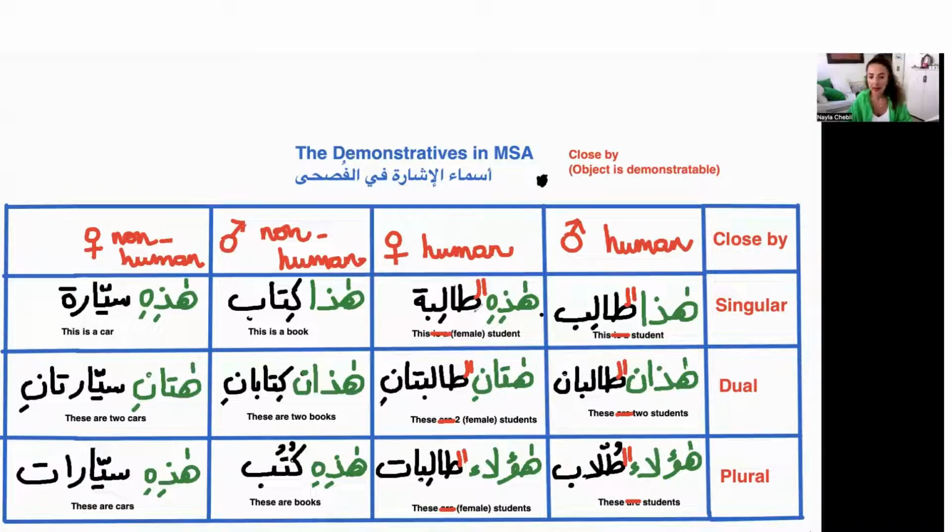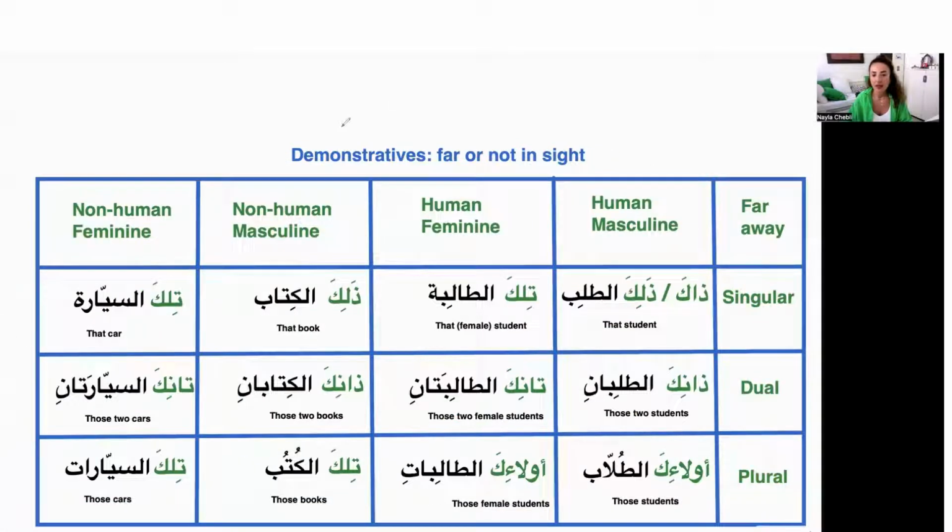And again, if you want to change it into a nominal sentence, which is this is a female student, you would simply remove the L. هذه طالبة, and you would get your nominal sentence with copular verb to be. Clear? واضح?